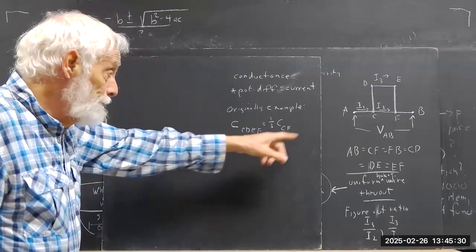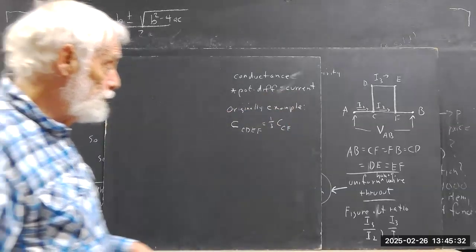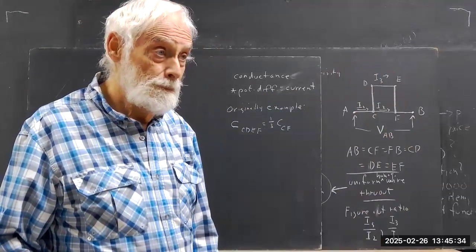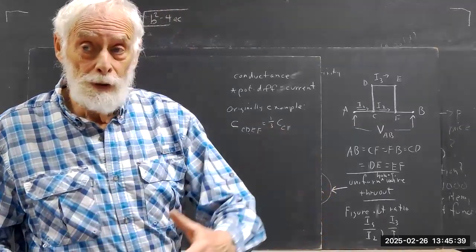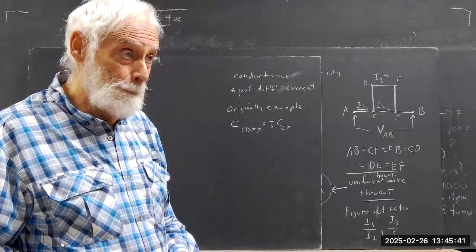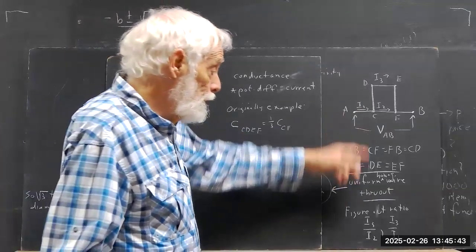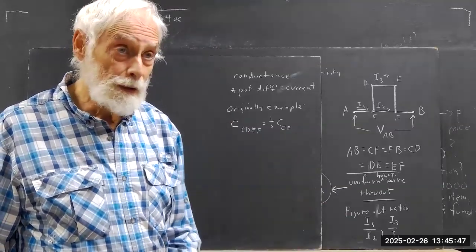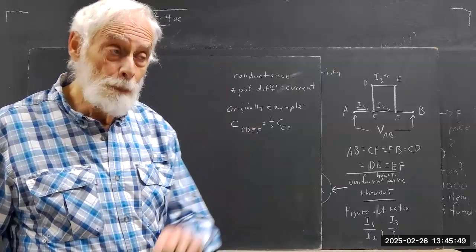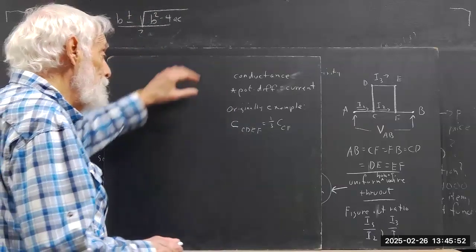That's why I've been talking a lot about conductance, because you can reason it out with one less step than you need to reason out resistance. You can reason all this stuff out pretty easily once you understand the proportionalities. There's one more proportionality involved with resistance.